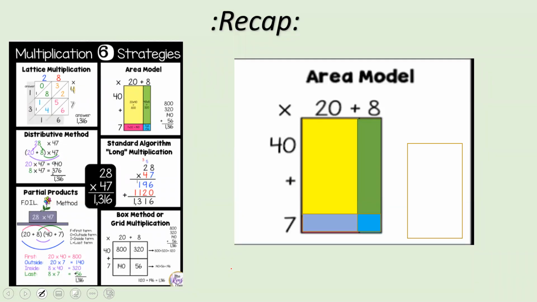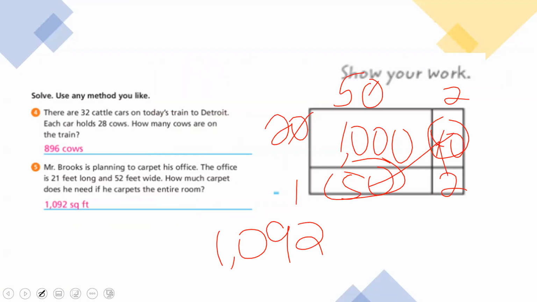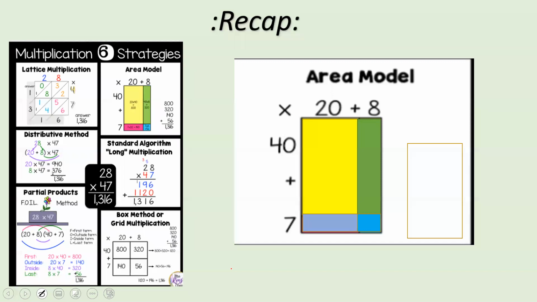All right, so to recap, because that is it. That's all she wrote. 5 questions for today. So to recap, these are the 6 strategies that are like the common practice strategies for multiplying double-digit numbers.